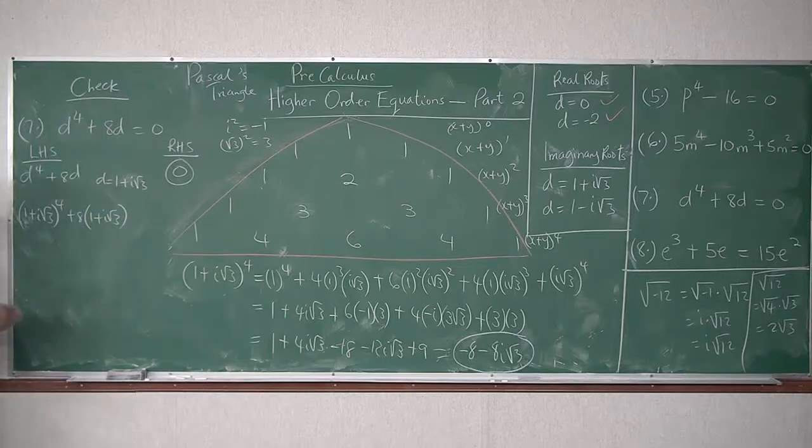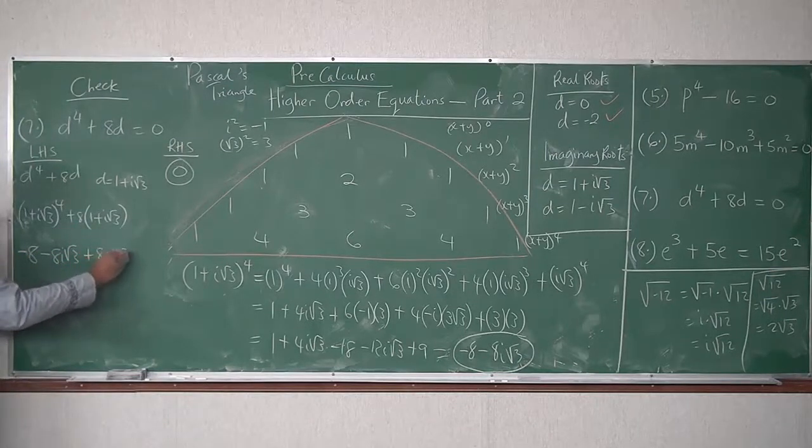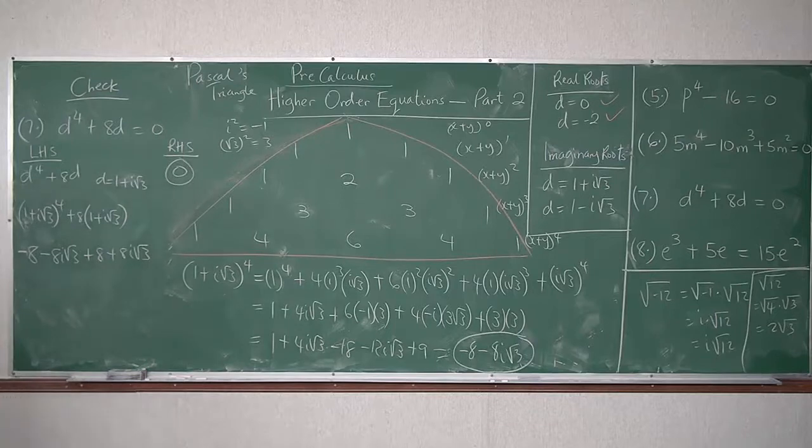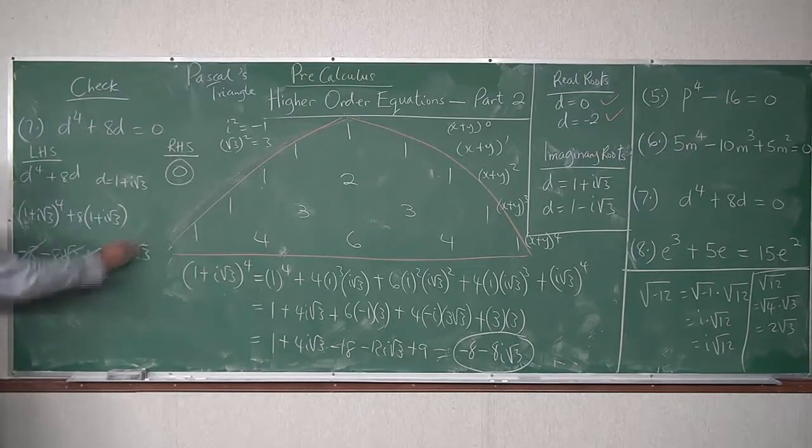So I have minus 8 minus 8i root 3 plus 8 plus 8i root 3. It works! Minus 8 plus 8, bam bam, that goes. So 0. That goes.